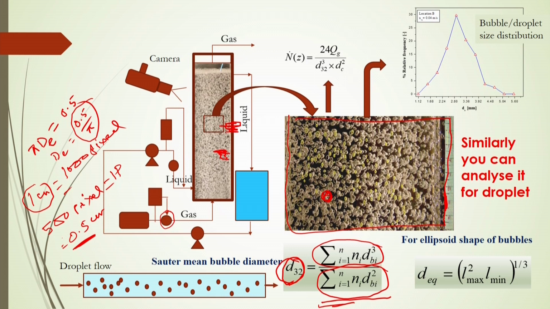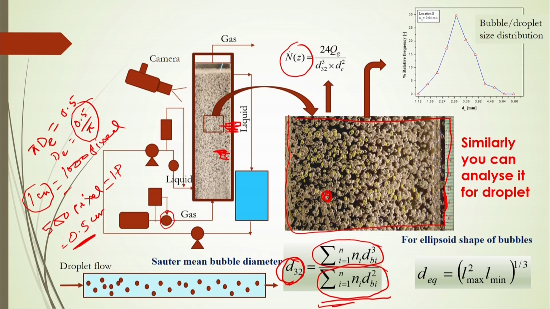Number flux means how many bubbles per unit time cross the cross section at which you are observing the bubbles. This number flux can be denoted by n dot z, where z is the particular height of that column.